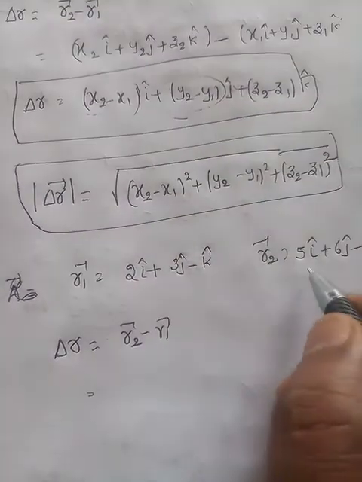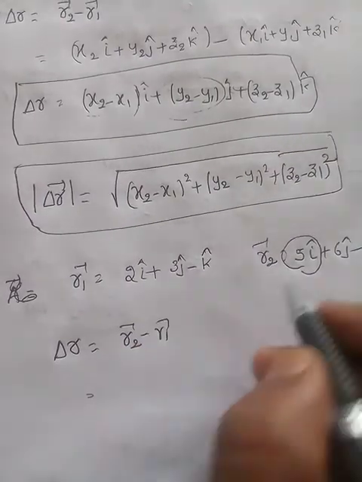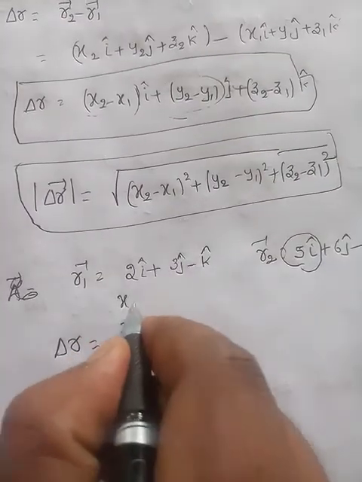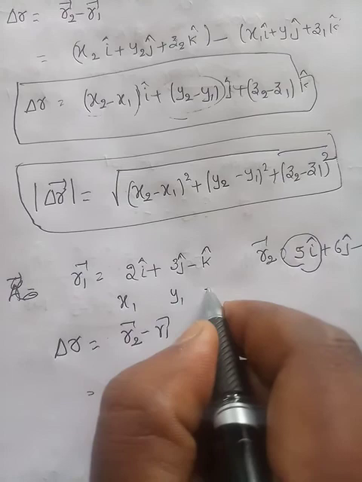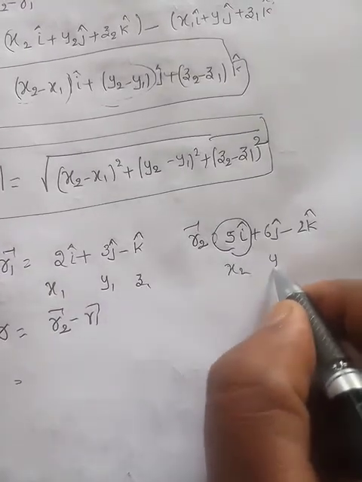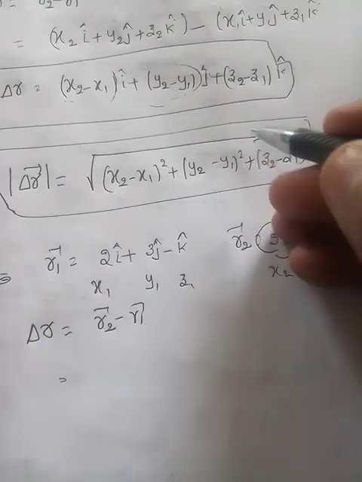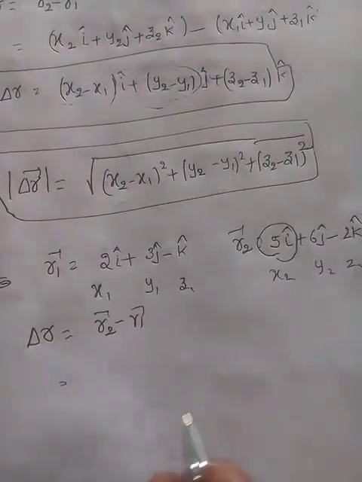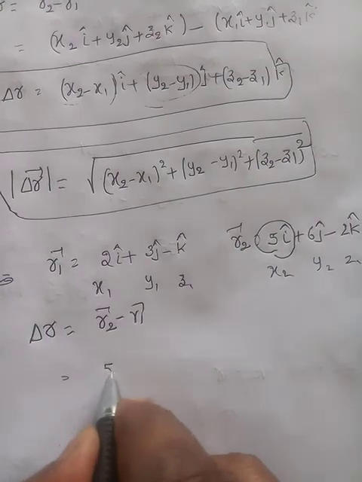So subtract this one. This is x1, y1 and z1, and this is x2, y2 and z2. What is the formula we have? x2 minus x1 into î. What is x2? 5.